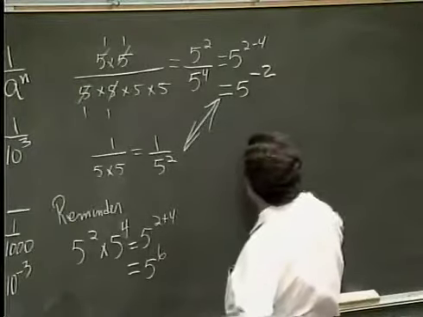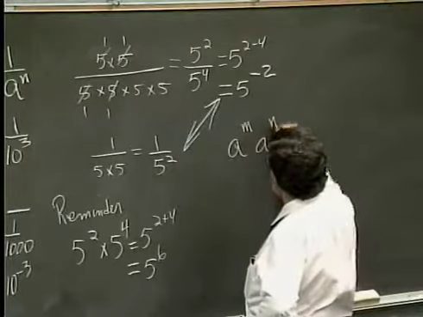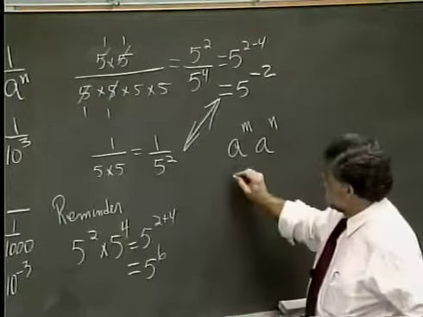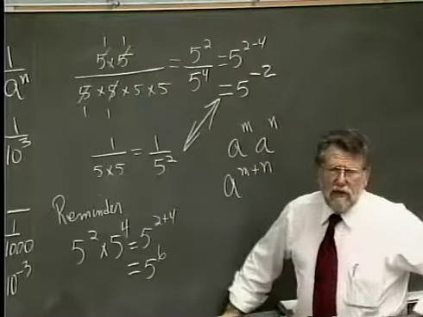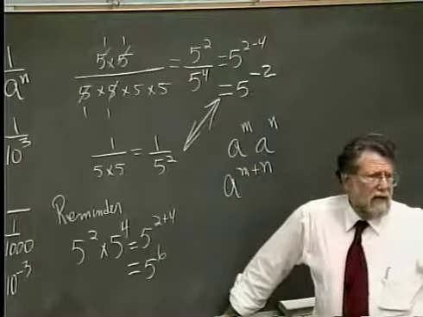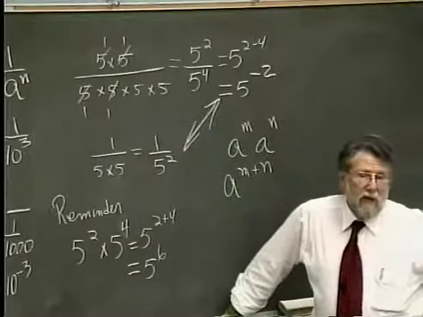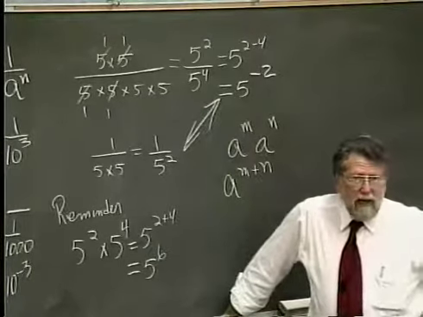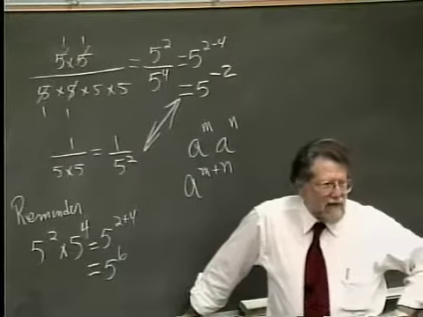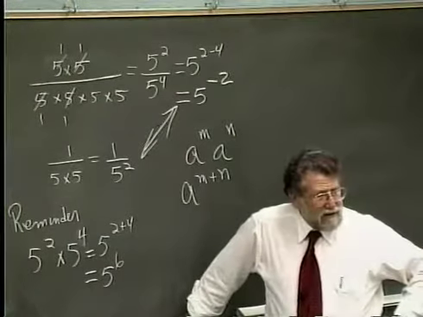Now let's go back to another statement we made. We said a to the m times a to the n is equal to what? A to the m plus n, but what was our restriction at the time? M and n were, okay, we thought of them as positive integers, non-zero, but integers too. And of course it works for fractions, but we haven't made any sense out of an exponent that is a fraction.